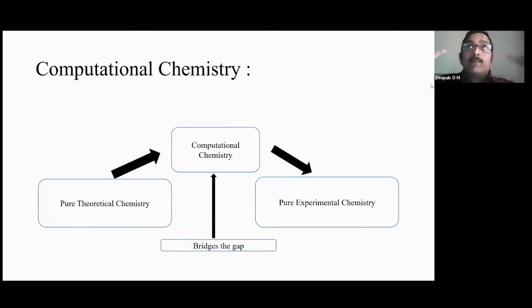Now, with computational chemistry, what happens is that there exists a huge gap between the results that you generally obtain from pure theory and pure experimentation. And the computational chemistry domain, as you will come to know, basically bridges the gap between these two pure domains, pure theoretical chemistry and pure experimental chemistry.